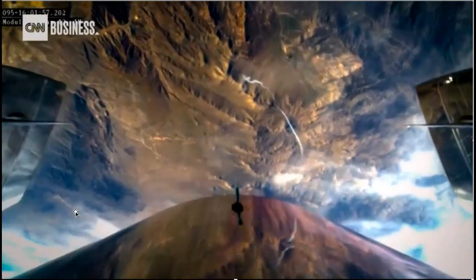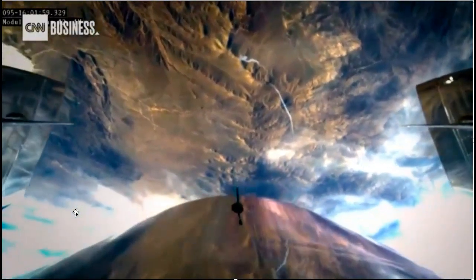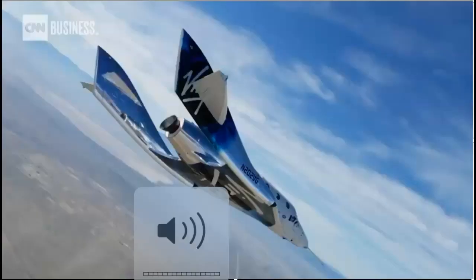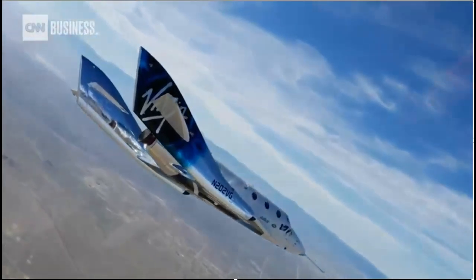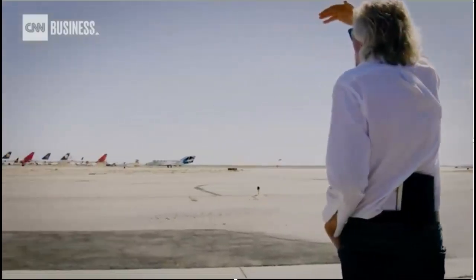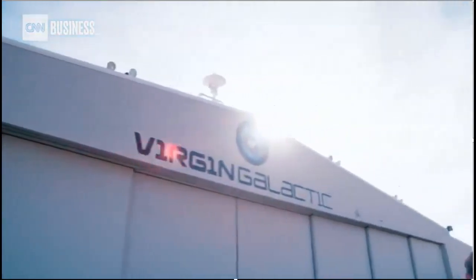And then you're just going to be instantly weightless, tranquil, floating in space, looking down at the Earth. That is the promise of space tourism, and the race to make it a reality is well underway. I've always wanted to be an astronaut, and I got frustrated the fact that I couldn't go up on a NASA spaceship or a Russian spaceship, so decided to build a space line. That's when Virgin Galactic was born.